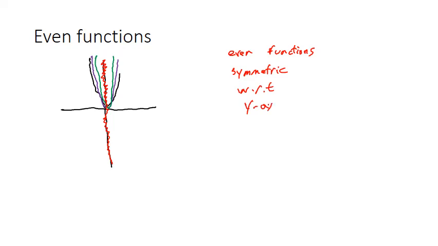So the y-axis would be our mirror. So for x squared, x to the fourth, x to the sixth, x to the eighth, and so on, for any even function, that is going to be symmetric with respect to the y-axis.